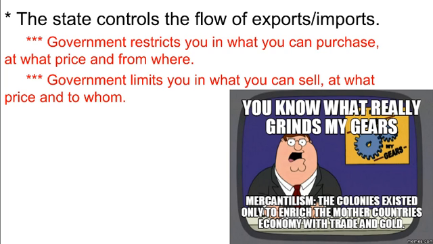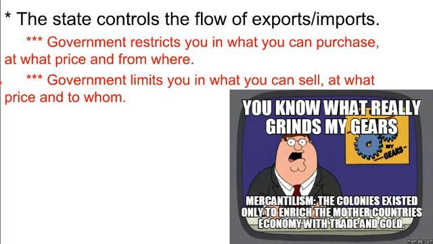So the way to increase it is to control your exports and your imports. The government is going to restrict what you can purchase. They're going to set the prices of the goods, and they're going to tell you from where you can purchase. Some famous examples of mercantile laws were those that the English government had set on its American colonies in North America.